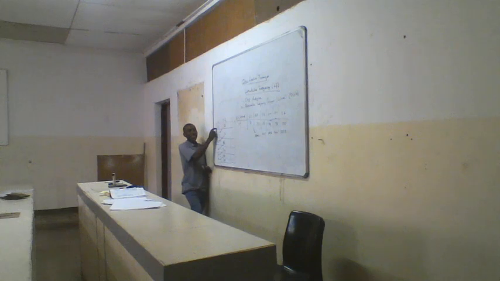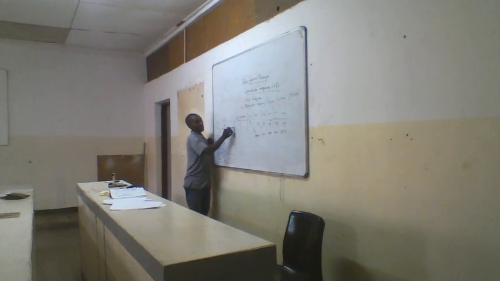Another way: this is 33. For this one, you take this plus that to go there, so it is 33 plus 42, then the answer is this.